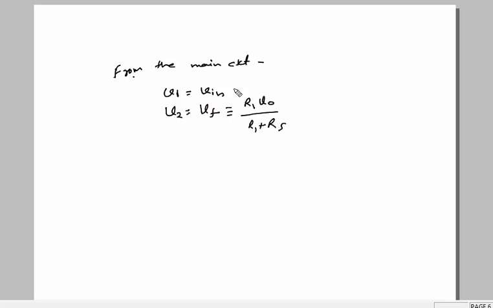We have already seen this value of Vf by using the voltage division rule. Now we saw that V1 and V2 are the same.